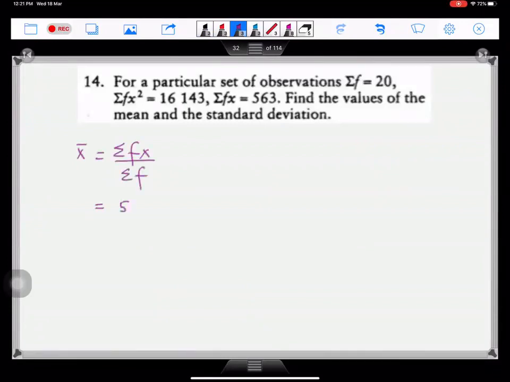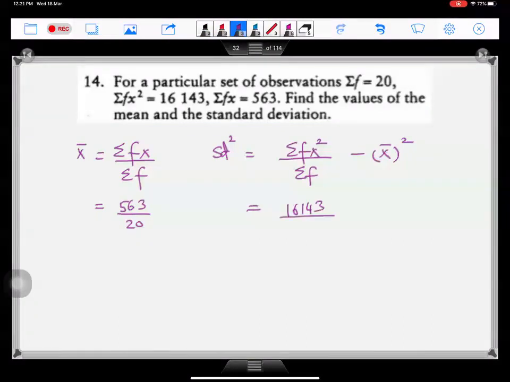Sigma fx is 563, sigma f is 20. Variance is sigma fx square over sigma f minus x bar square. Sigma fx square is 16143 divided by sigma f is 20, minus x bar, which is 563 over 20, square. This is variance. In the end, make SD the subject.